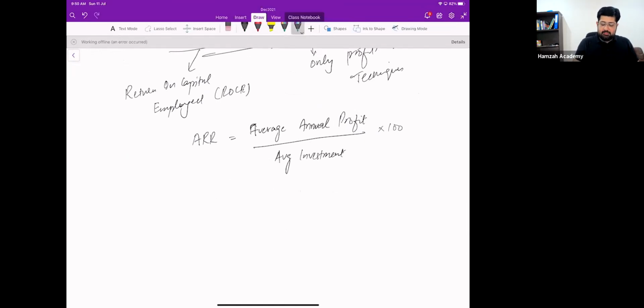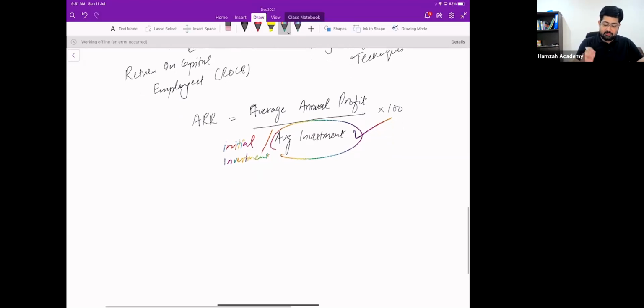In some formulas, you may find initial investment here. But the examiner prefers average investment, and it is also conceptually more sound.